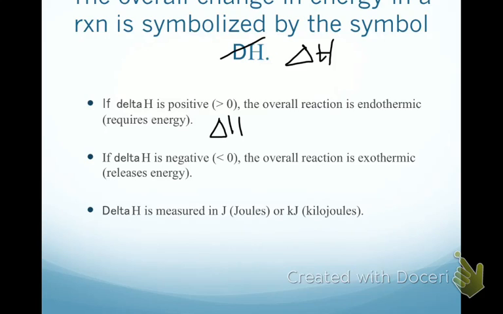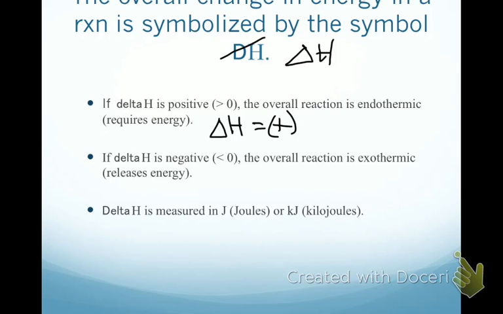Again, this should be in your notes. If you have a thermochemical equation where the delta H is any positive number, positive 428, positive 117, positive anything, then you have an endothermic reaction overall.